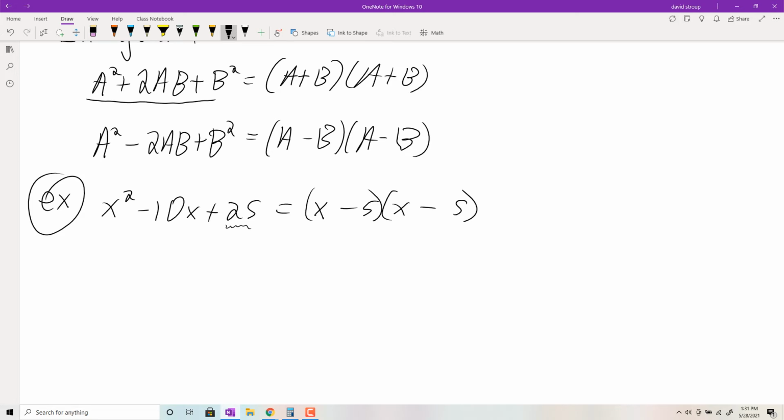And 9 times out of 10, it turns out to work. Anyways, you of course want to FOIL it back out in your head and make sure it does work. So in this case, it has to be negative, negative because of the signs. The last times the last will be positive, and then when you add the inner and outer, you get a negative for the middle term.